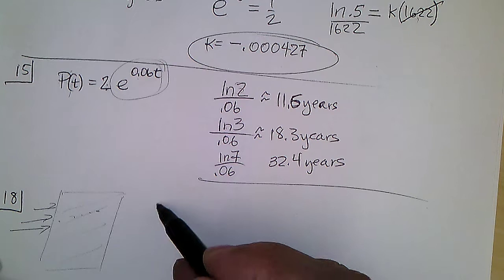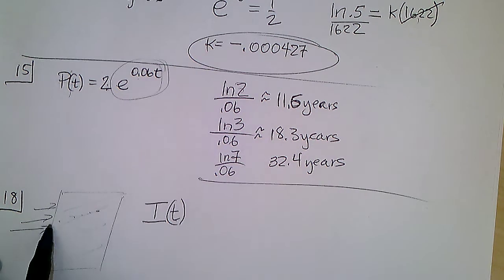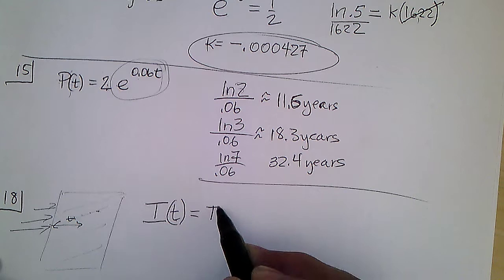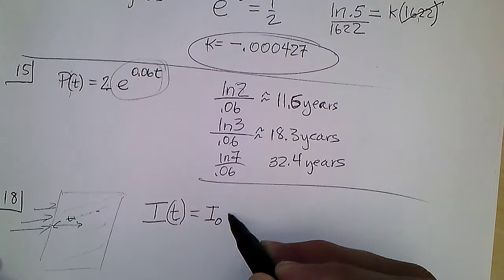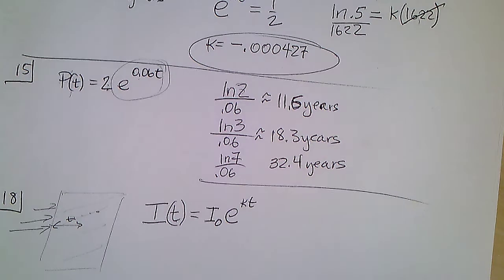And it says the intensity after you go into some thickness, where this is how far it goes, is equal to what it is outside e to the kt.